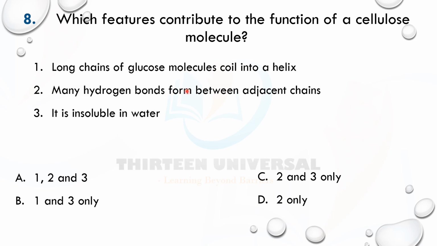Then we have microfibrils of cellulose molecules linked by hydrogen bonds. Hydrogen bonds act as cross-links, and each fiber is formed by lots of microfibrils linked by hydrogen bonds. So that's what gives it high mechanical strength.